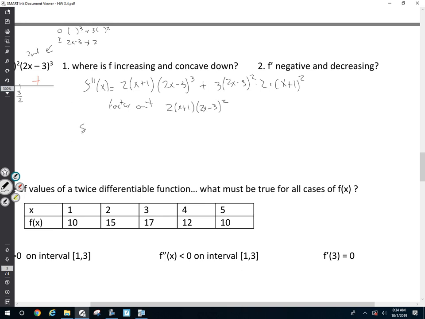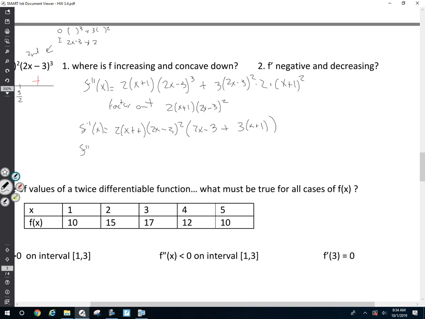And I get a second derivative of the factored out 2 times (x plus 1) times (2x minus 3) squared times, this is gone, I'm just left with 1, (2x minus 3). Plus, the 3 stays. These 2 are gone. This 2 is gone. One of these x plus 1s is gone.